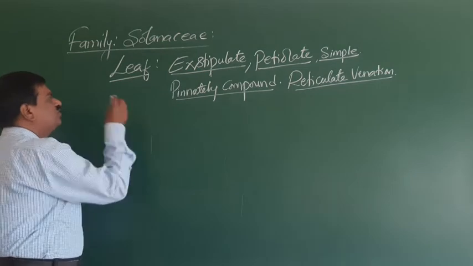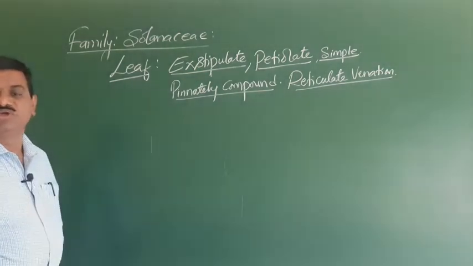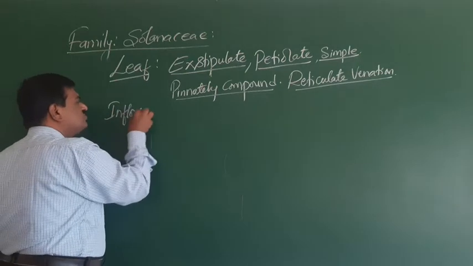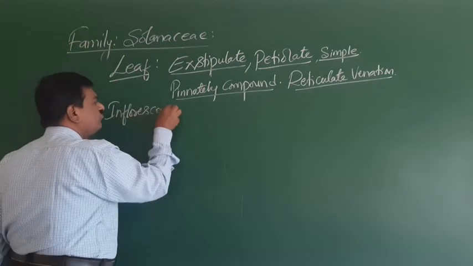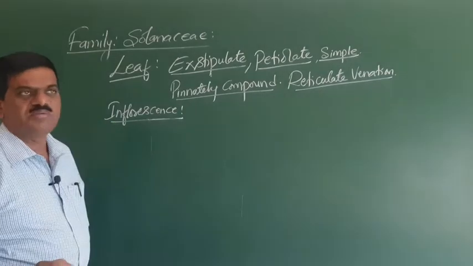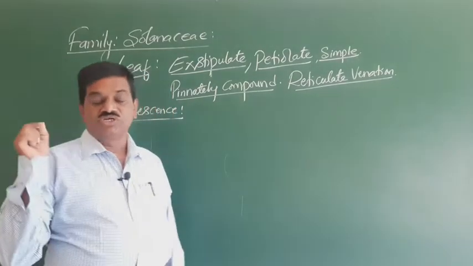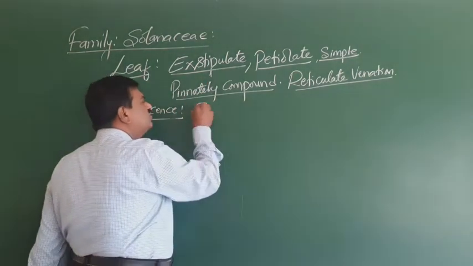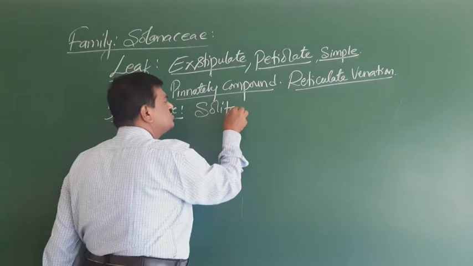So we go for the next one. After the leaf, we go for inflorescence. We know that inflorescence is nothing but a group of flowers. A cluster of flowers is called inflorescence. Here the inflorescence is always solitary.